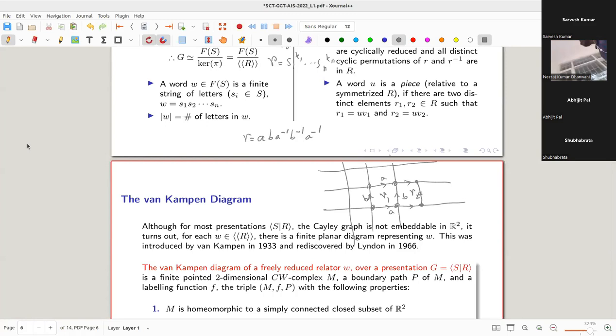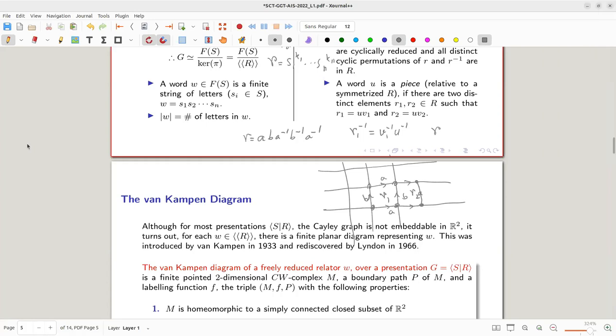If I write it in this way, consider R1 inverse. What will that be? V1 inverse U inverse, right? Now if you form this product, say R1 inverse R2, then you have V1 inverse U V2, and that is V1 inverse V2, isn't it?